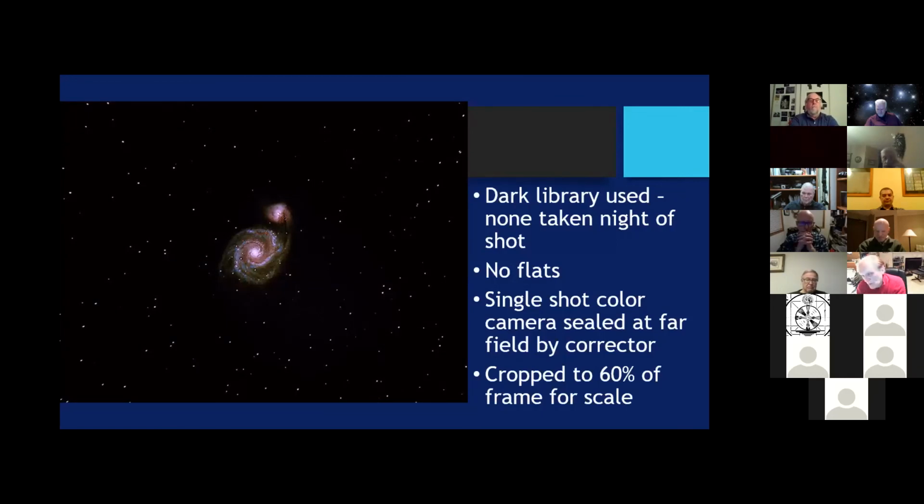And I didn't have to worry about vignetting because this is a fairly large chip camera, and to get a reasonable image of the galaxy, I had to crop to 60% anyway, so the corners were blown away. So if you're willing to blow your corners away, depending on the subject matter and your focal length of your telescope, you don't need to worry about vignetting unless it's really severe, in which case you have no choice.